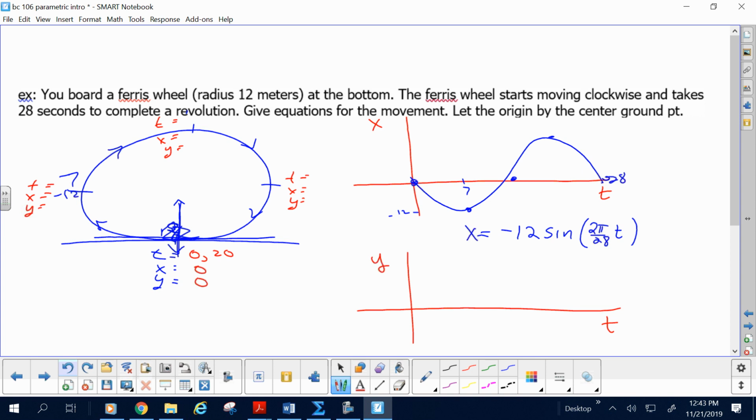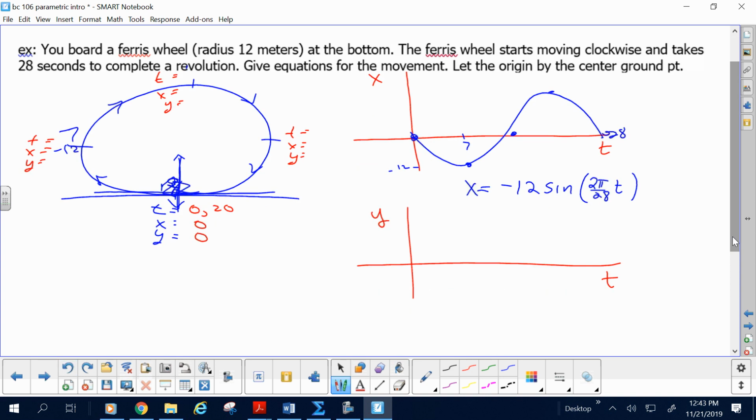Verify. At time equals 0, what do you get? 0. At time equals 7, what do you get? Sine of pi over 2 is 1, times negative 12 is negative 12. Okay, it's working. So try the y. Get the y before it's too late.